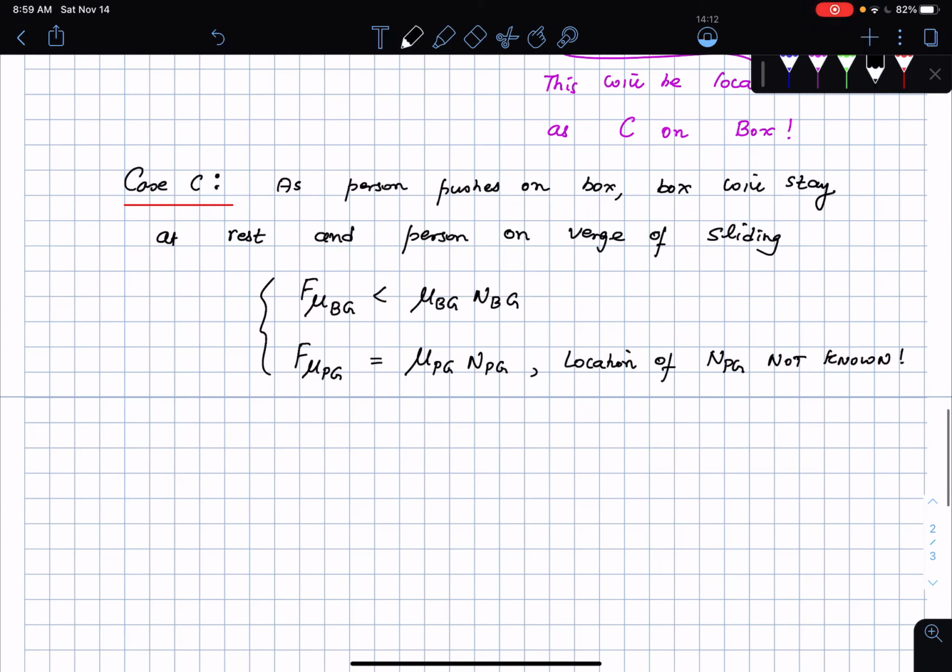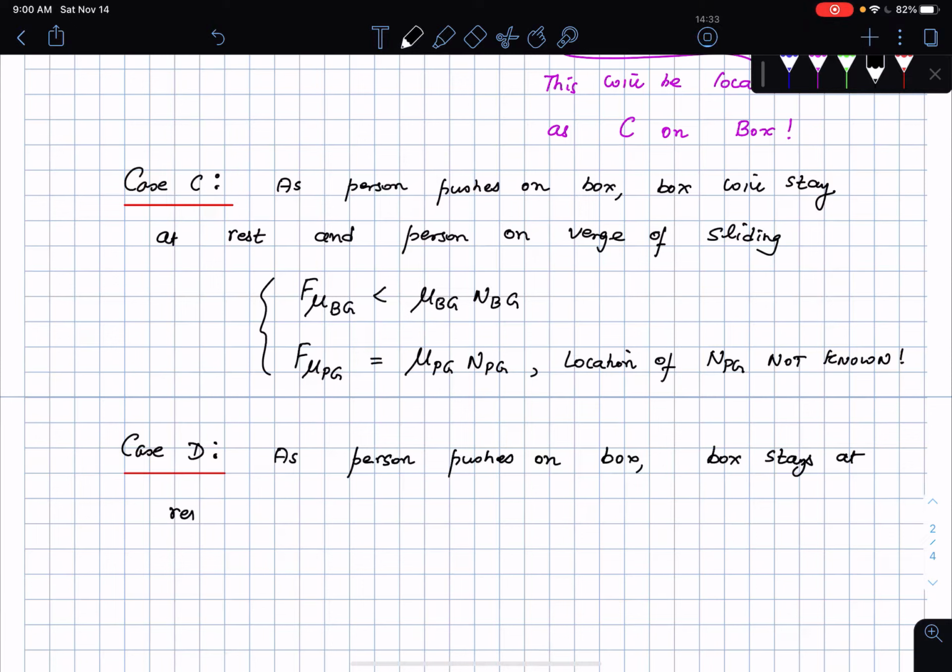And the last case, case D, which is not a case that we are going to be considering. The person can tip. Okay, as the person pushes on the box, the box stays at rest and the person tips.